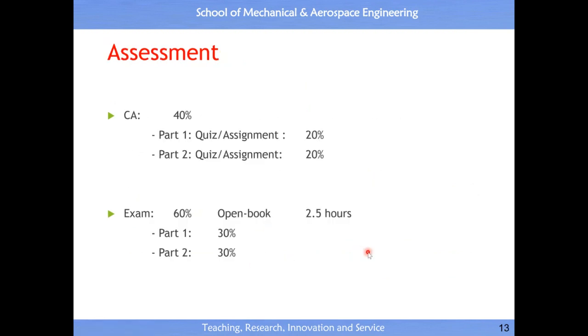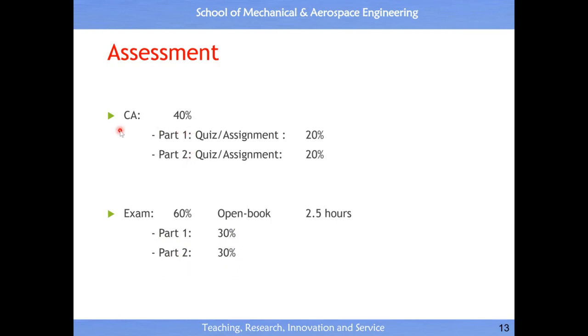Then for the assessment, you will see the CA will consist of 40% of the final result, and the exam will consist of 60% of the final result. The exam is open book. It will last for 2.5 hours. The questions will come from part one and part two. Part one will be taught by me, and part two will be taught by Professor John Han. Half of the marks will come from part one, and half from part two.